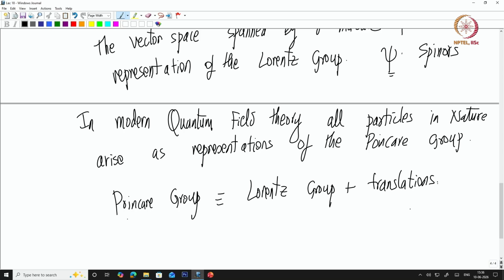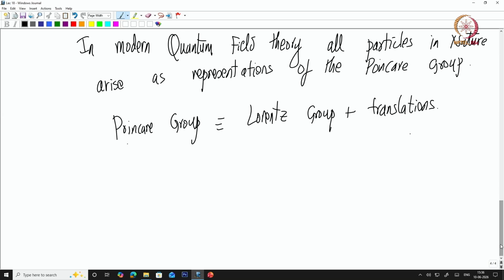So, translations means what essentially? The Lorentz group, I have shown you, is this lambda mu nu. Translations are nothing but moving like this essentially, a mu. So, that means that x mu prime is equal to x mu plus a mu. So, you shift it by the distances. This is nothing but translations.